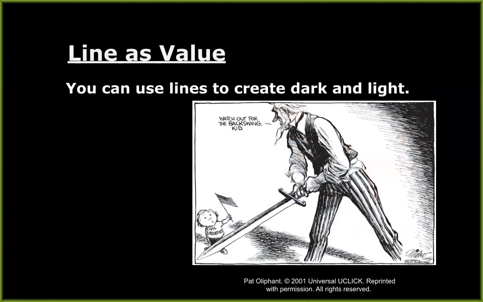Artists know how to create value with line, and they started doing this a long time ago, but it became really prevalent. We're used to seeing it all the time in comics, because oftentimes comics, especially in newspapers, are limited to just black and white. They're often quick line drawings.